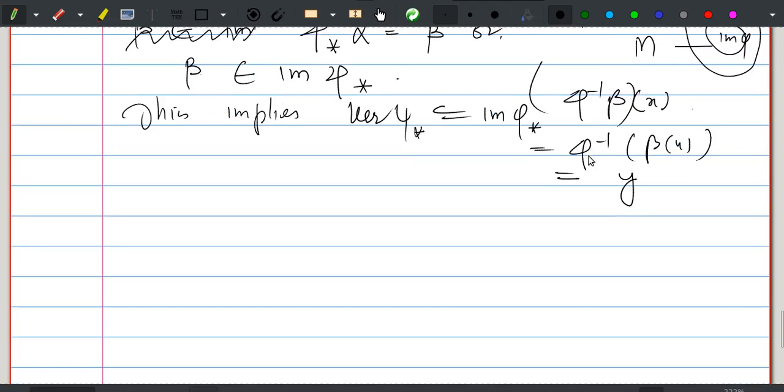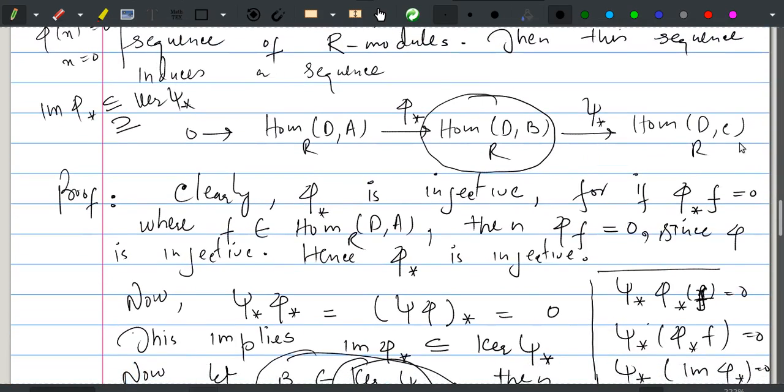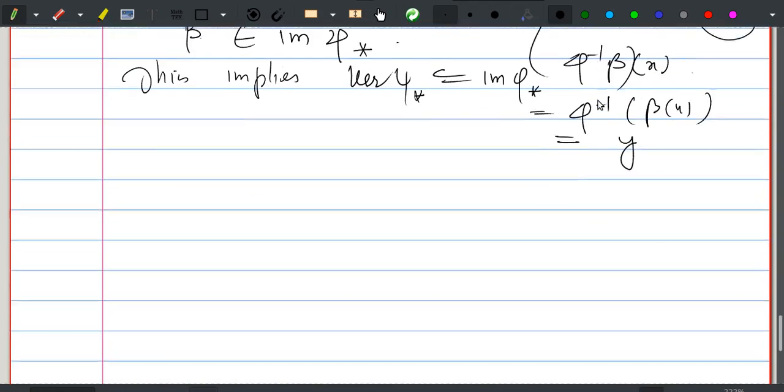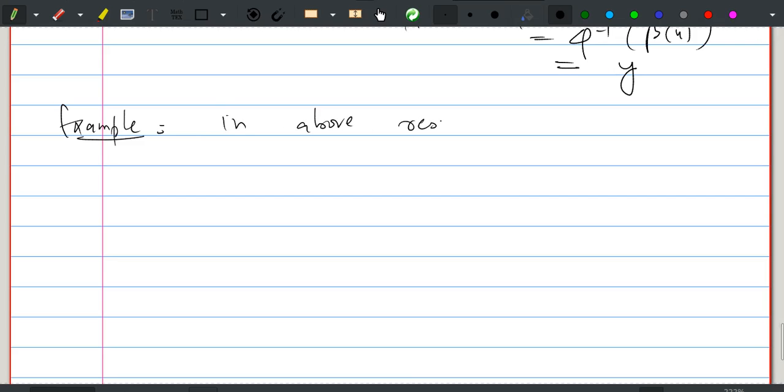So this proves it. One can note here, if 0 is coming out here, that would mean psi star is surjective, but it is not necessary. Let us look at this exact sequence as an example. In the above result, psi star need not be surjective.